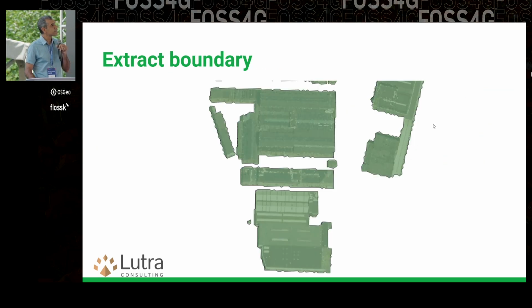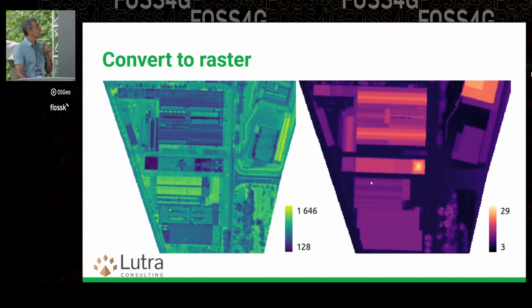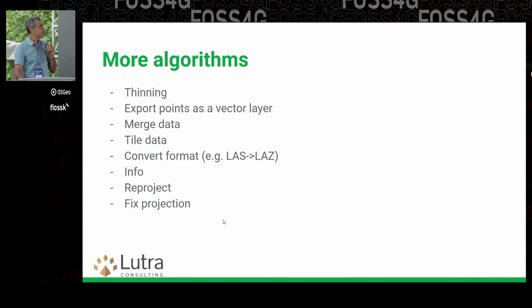And this one creates boundaries. So for example, you can create boundaries of your buildings, trees. And then the popular one is to export it to raster. So you can create elevation models out of your point cloud data.